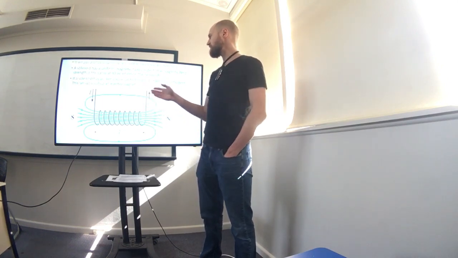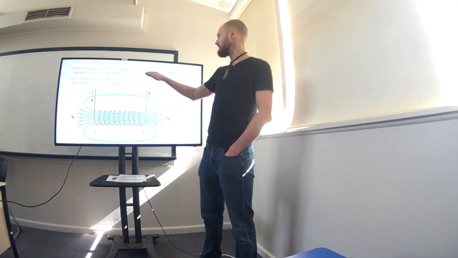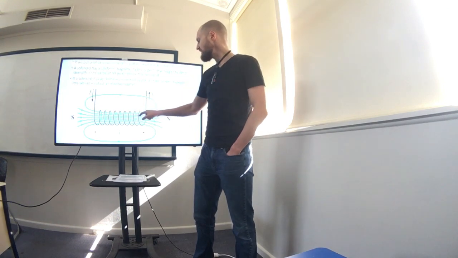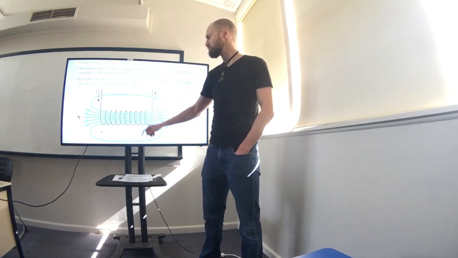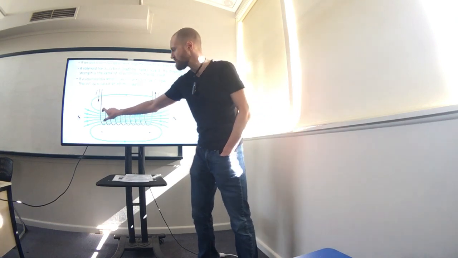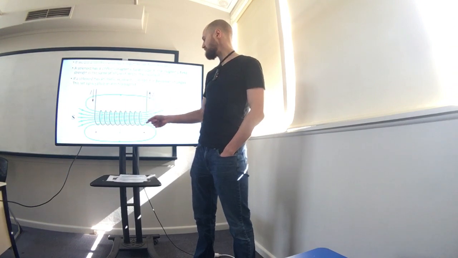The convenience of a solenoid is that inside there's a uniform magnetic field. So if we look inside in this area, the magnetic field is going to be the same at all these points. Doesn't matter how far along it is. As you get out here, it's going to change in its strength. But inside is going to be essentially the same from point to point.